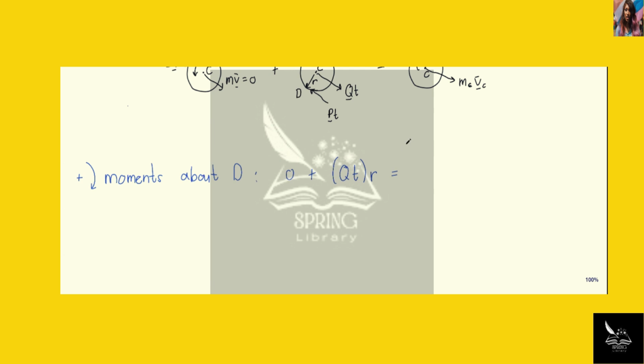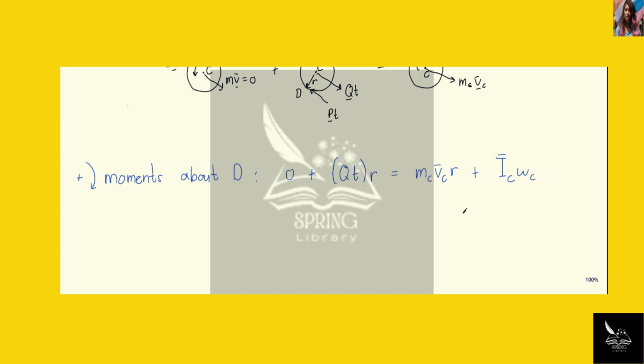And this is equal to the final moments of the system about D, which is the momentum mC v bar C times the radius r, plus the angular momentum of the center of the system, I bar C omega C.